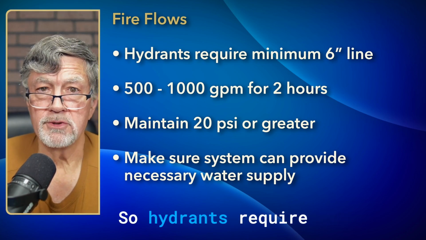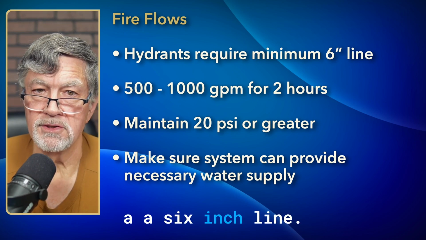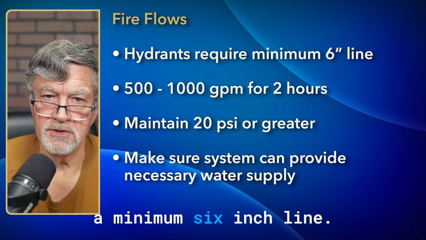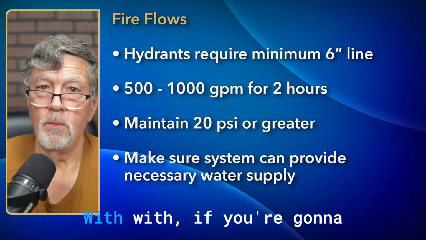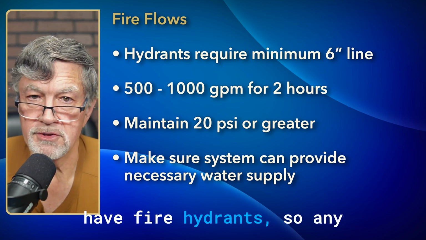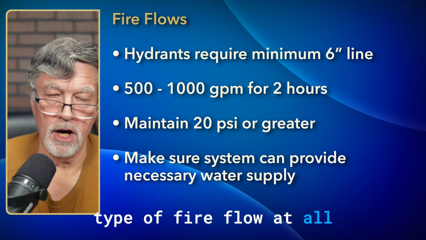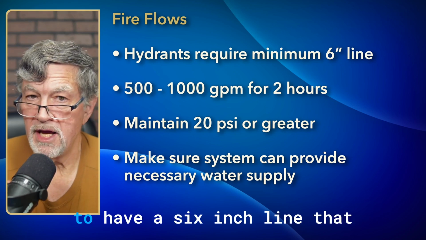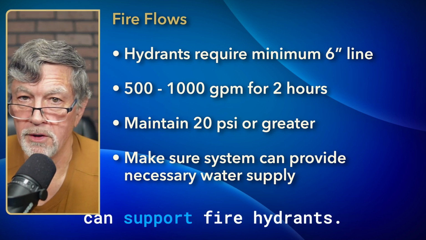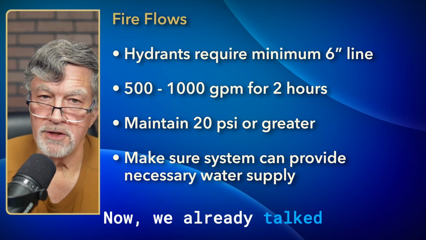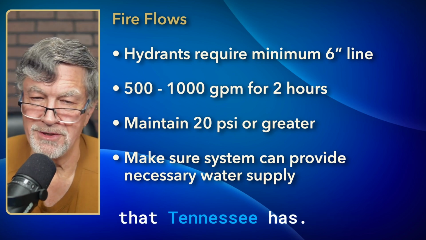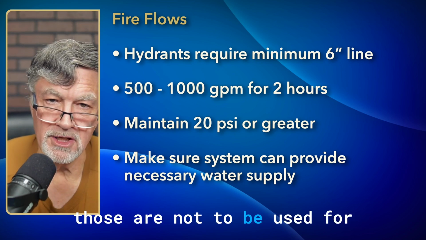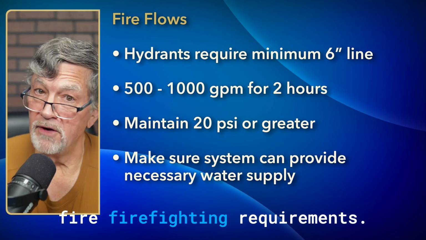So hydrants require a 6-inch line. You're going to need a minimum 6-inch line if you're going to have fire hydrants. So any type of fire flow that's going to provide water for the fire department needs to have a 6-inch line that can support fire hydrants. Now, we already talked earlier about some exceptions that Tennessee has for low flow hydrants, but those are not to be used for firefighting requirements.